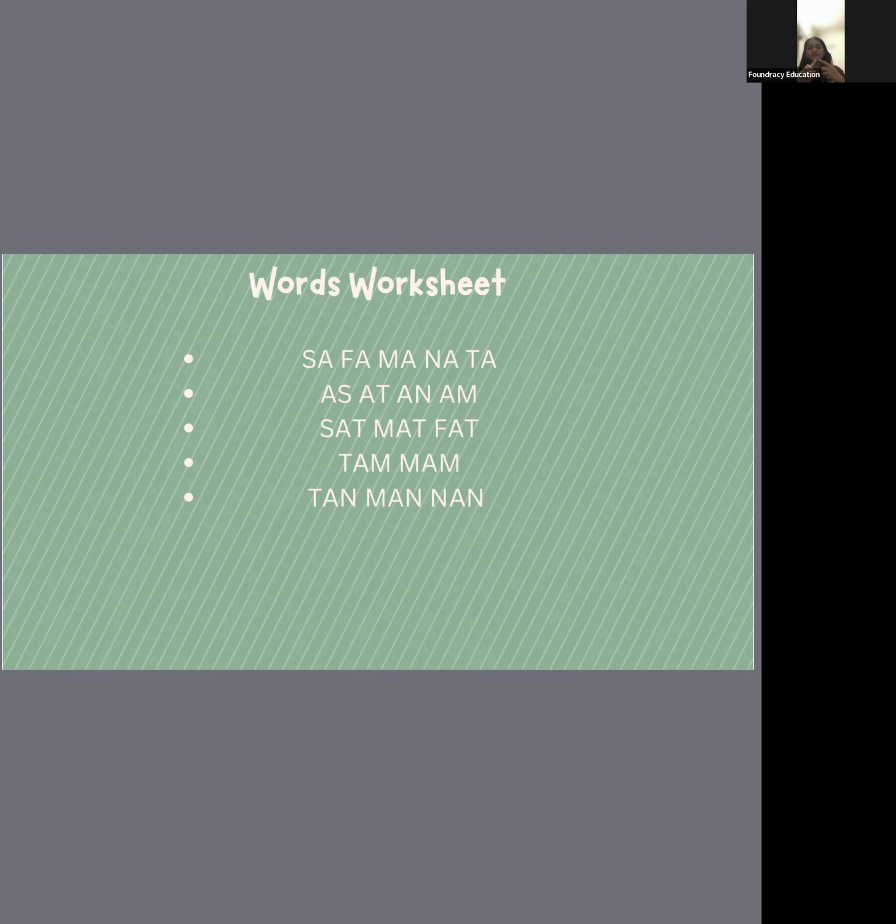So when you say sat, they should take out the S chit, A chit, and T chit, and put them in the order as you said. They should understand what is the initial sound, the middle sound, and the final sound. Same thing happens for mat, at, am, tam, mam, tan, man, and nan.